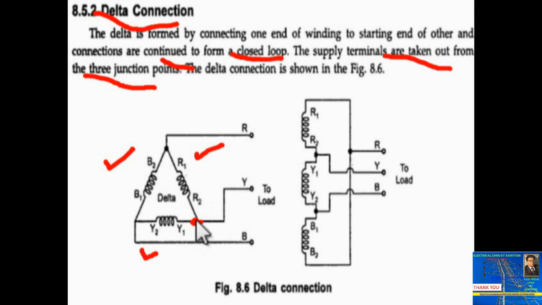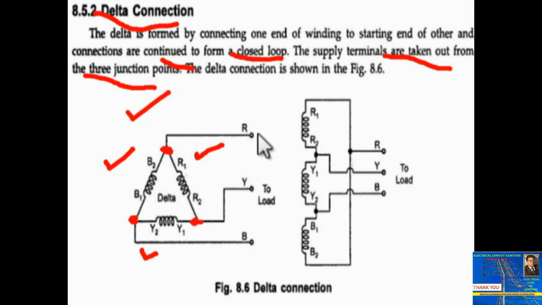This will form a node. Then the end connection of the second coil, that is Y2, is connected to the starting point of the third coil, that is B1. So this will form another junction point, and then the end point of coil 3, which is B2, will be connected to the starting point of the first coil, that is R1. So see here, it is connected over here. It's again a junction or meeting point. So guys, this will be a closed circuit and that will be called delta connection.